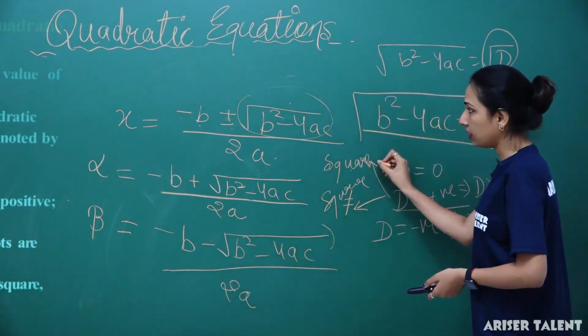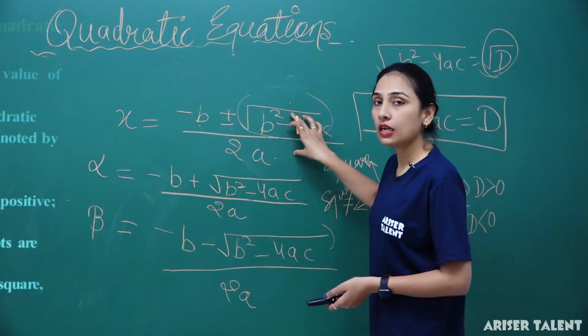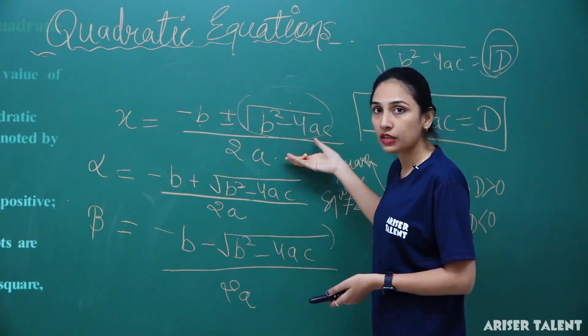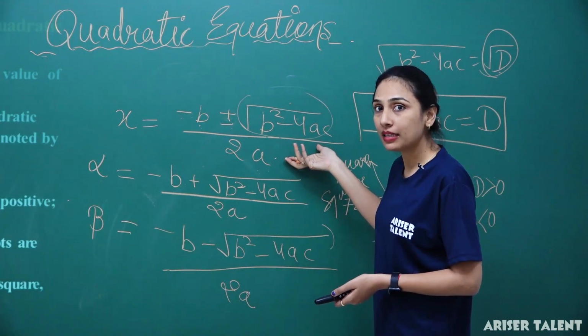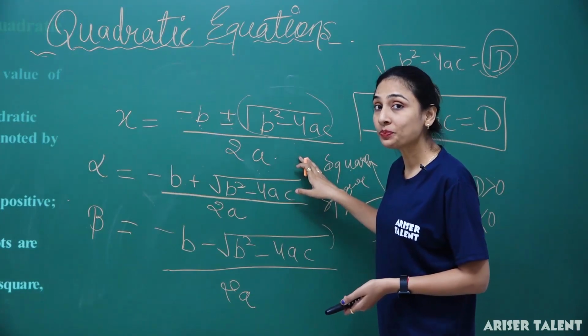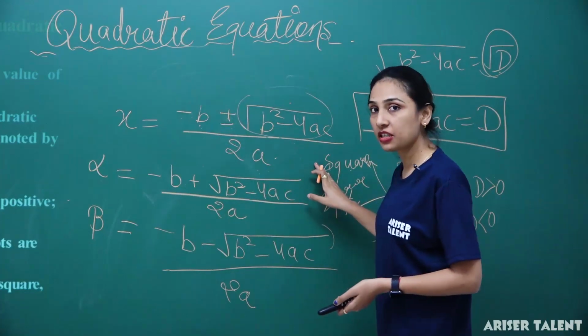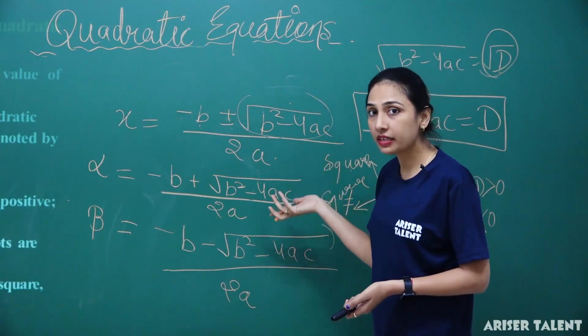So if this value, b square minus 4ac, is a complete square of something like 16, then the square root will come like 4. That will be a rational number. If it's not, then that will be an irrational number.